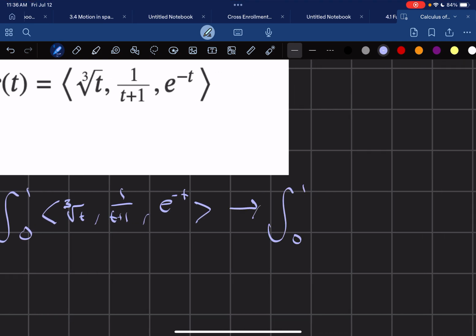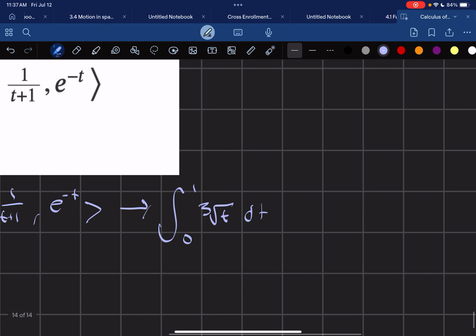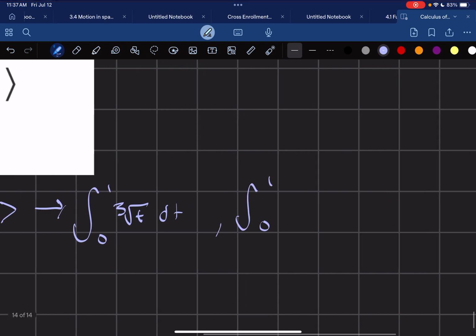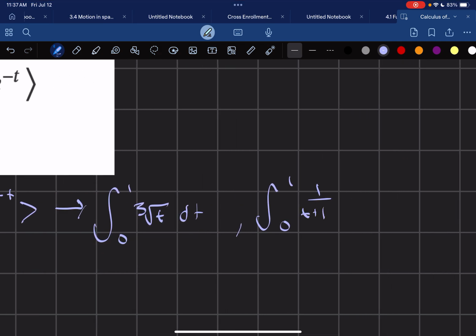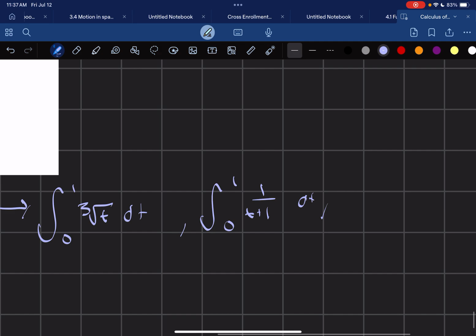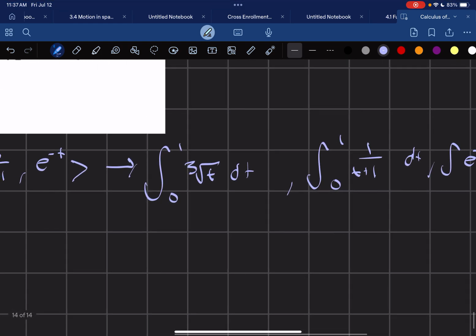We separate all of them: the integral from 0 to 1 of the cube root of t dt, the integral of 1 over t plus 1 dt, and then finally the integral of e to the negative t dt. So we do this separately.